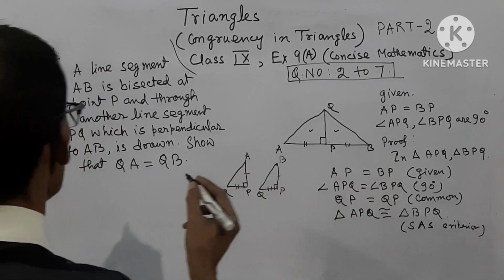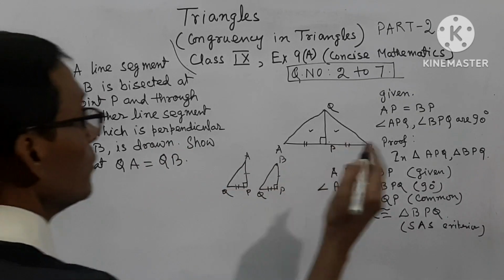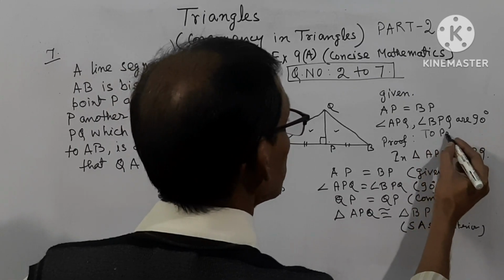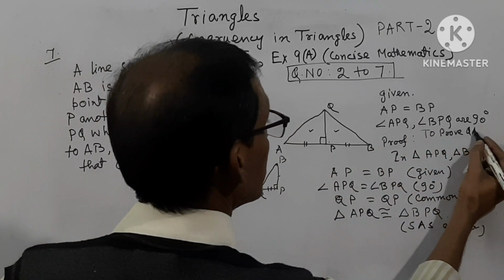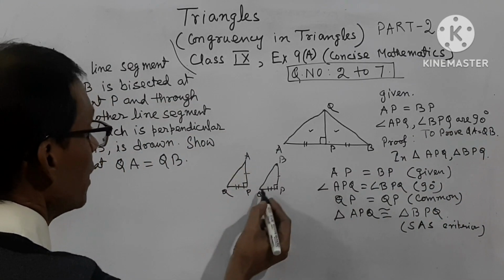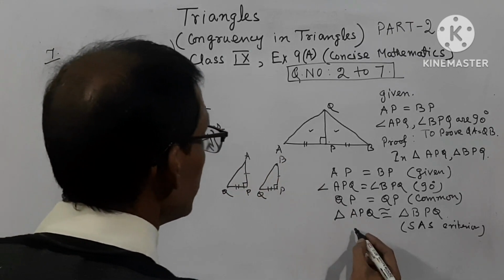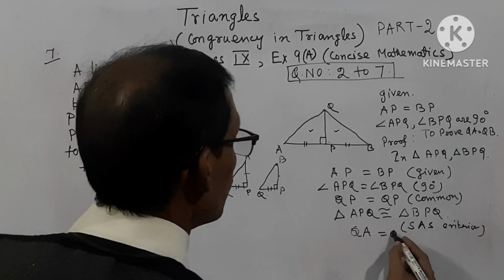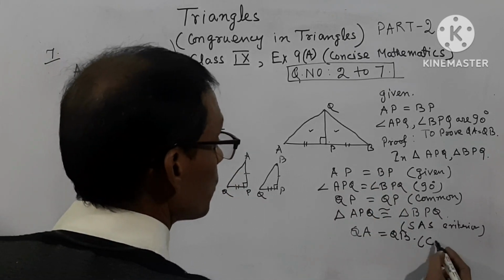Now see what you have to prove, that you can keep in mind. We have not written that. To prove QA equal to QB. Now see, QA and QB are corresponding parts. So we can write QA equal to QB very well because they are corresponding parts.